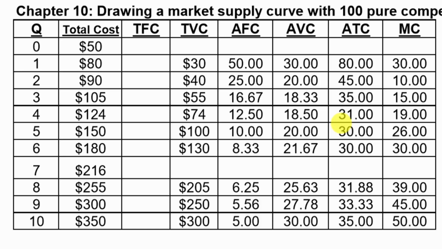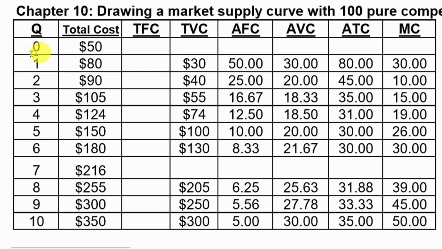So the first thing you're going to want to figure out when you look at a cost table is, what is the fixed cost for this firm? In other words, if this firm were to produce no units, they're not going to have any variable costs. Fixed costs plus variable costs equals the total cost. And variable costs are things like labor and materials that you use more of when you actually produce more units.